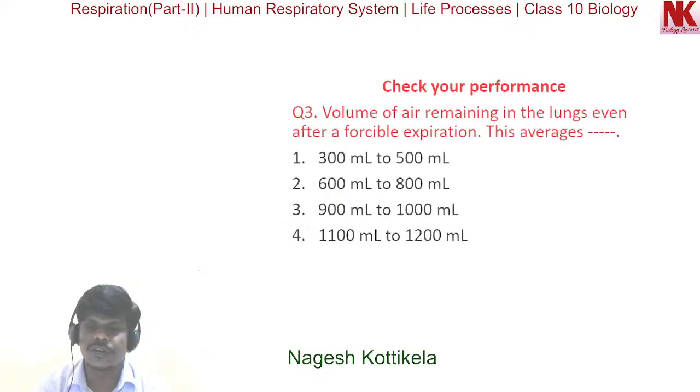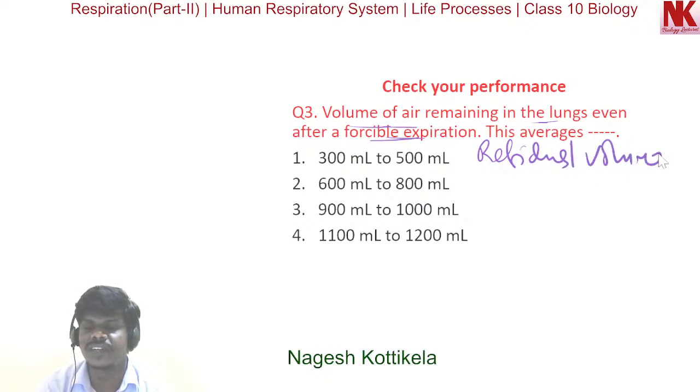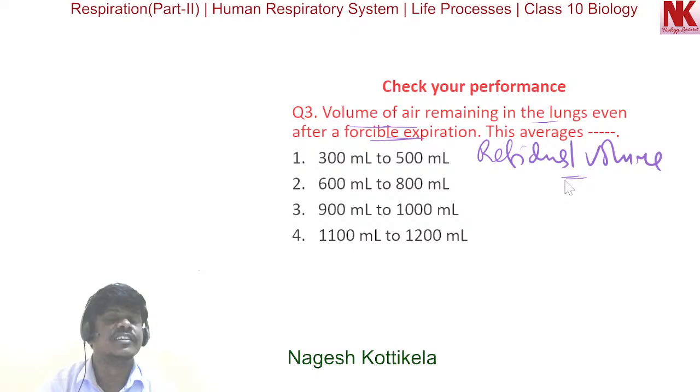Now the third question: volume of air remaining in the lungs even after forcible expiration. This is what we call residual volume. Even after forcible expiration, there is a certain volume of air, and that averages how much?